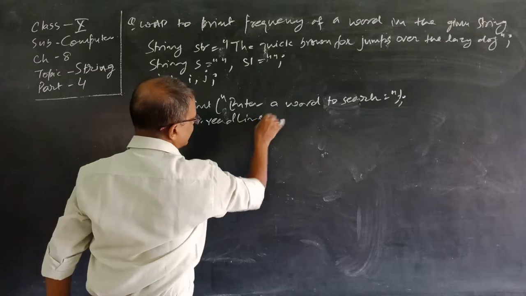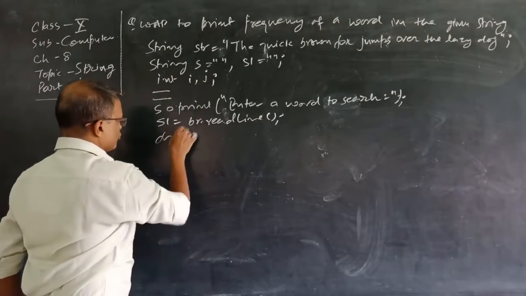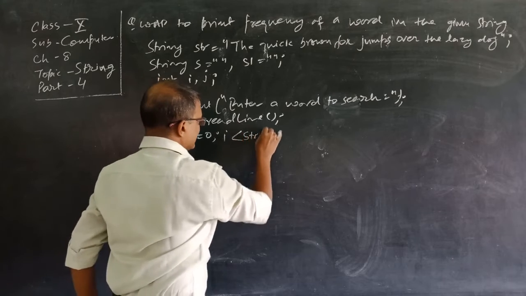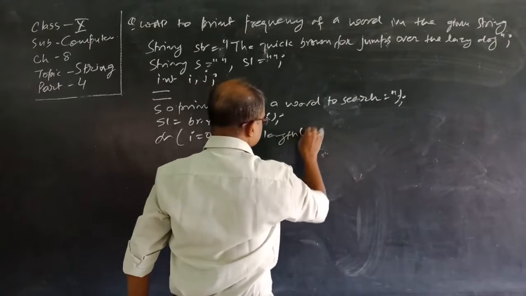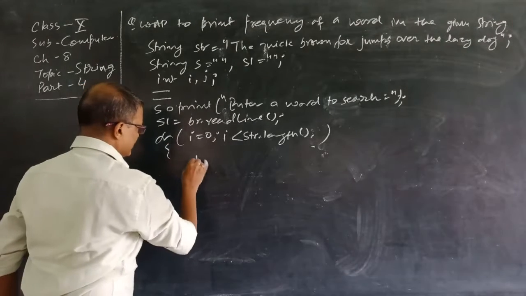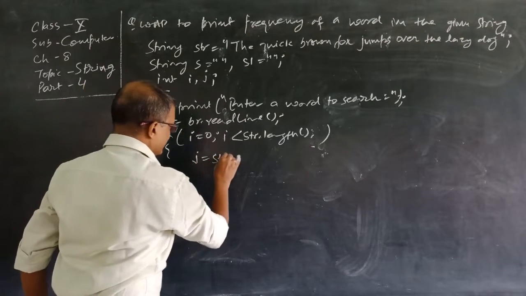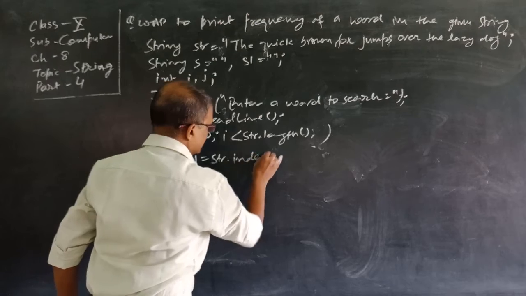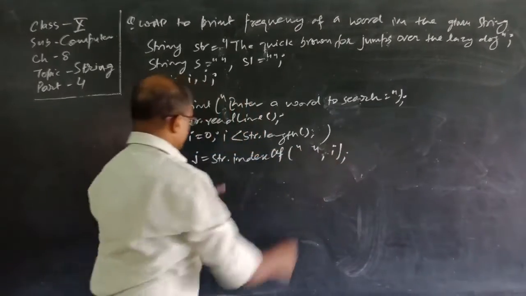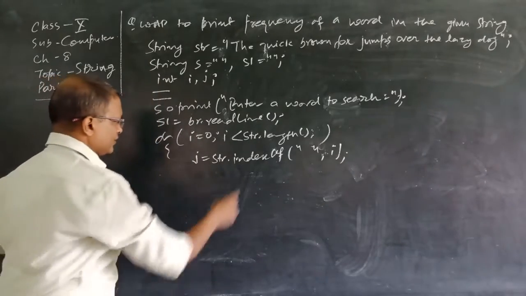Br dot read line. Now apply the loop to search. For I equal to 0, I less than str dot length, and nothing to do further with I. Get the index. J equal to str dot index of space comma I. By using this we have got the index of space.